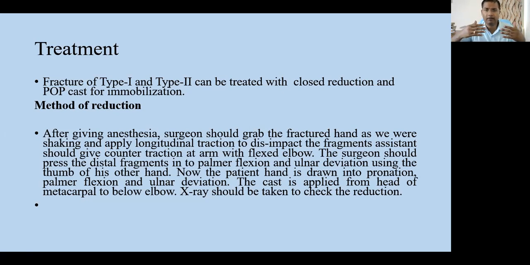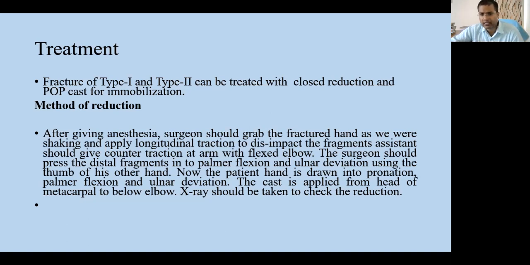When the impaction is relieved, then repositioning of the distal fragments is required, to push those fragments with both thumbs, and then again the traction, and again this pushing of the distal segment, so that the distal fragments come into place, and you can achieve the proper reduction. After achieving the reduction, you should just apply the POP cast.